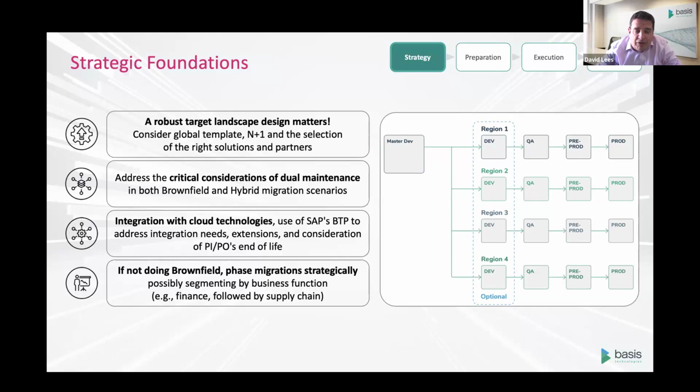Then one of the things to consider is which of all the changes that you're continuing to make on your ECC systems throughout your journey to S4 are relevant or applicable to be retrofitted or dual maintained into your new S4 environment, and to help in the automation of as much of that as possible. So dual maintenance is something to plan for.